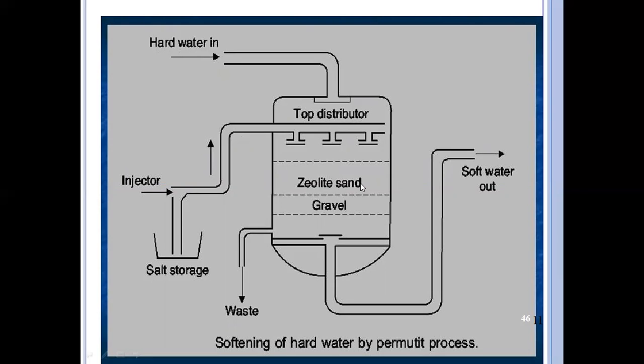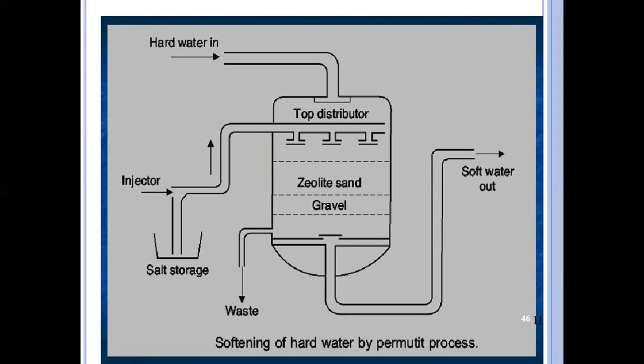The hardness causing ions like calcium and magnesium are exchanged by the zeolite, so the water that comes out of the zeolite bed is hardness free water, that is called soft water. If we go on like this, after some time the zeolite bed may be exhausted. That means what?